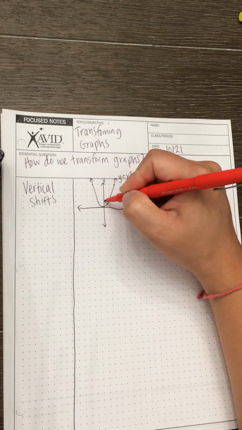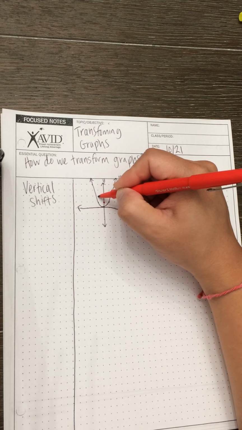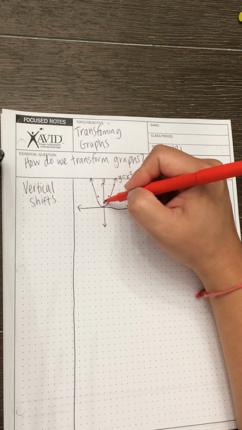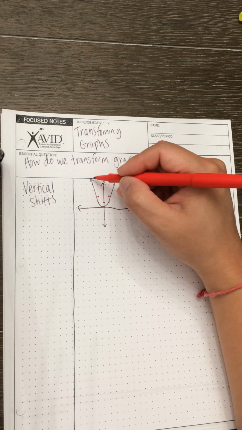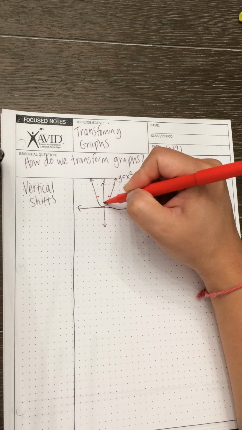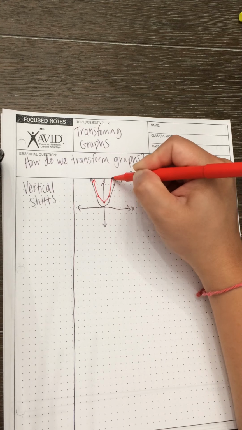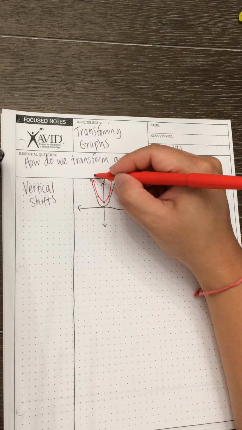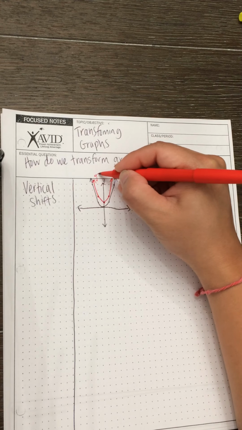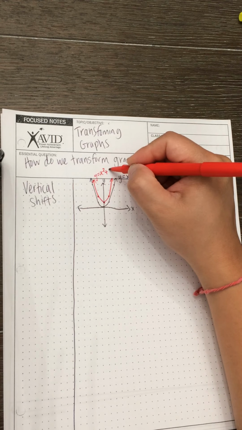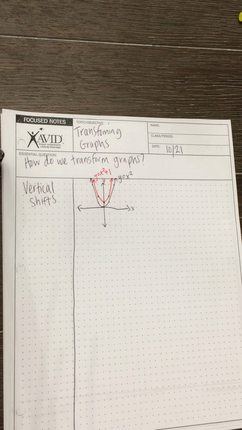So we'll move up 1, and these points will also move up 1. This is y equals x squared plus 1. So I made it move up 1.